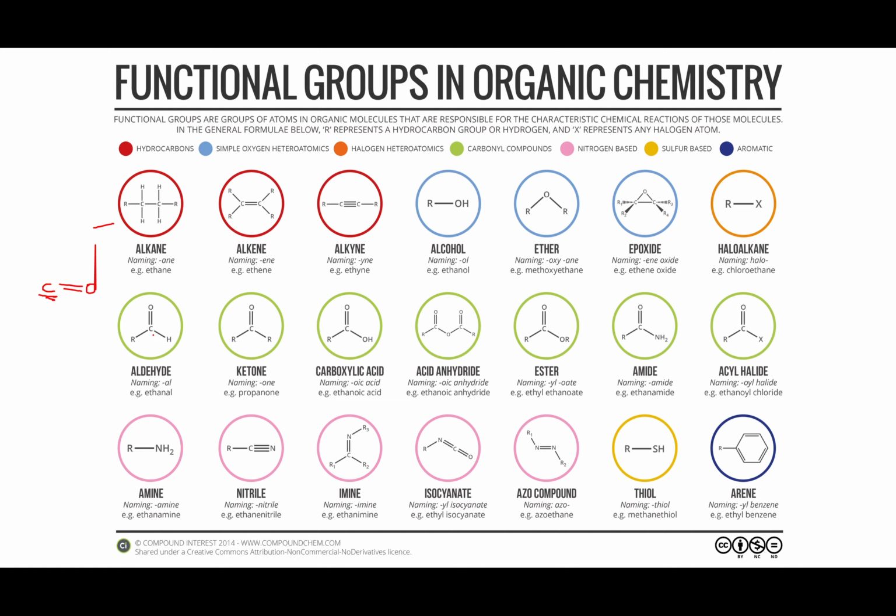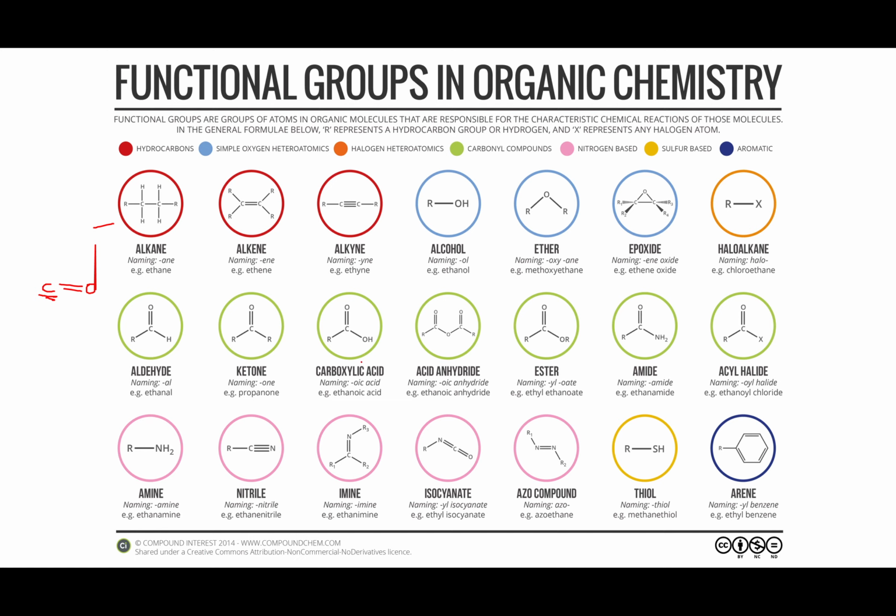Aldehydes are actually terminal functional groups. Whenever you see an aldehyde molecule, you would always see the functional group either at the beginning or at the other end of the molecule. Now, ketone: in aldehyde, this one is a hydrogen. In ketone, you replace that with a carbon. Ketones are internal functional groups.